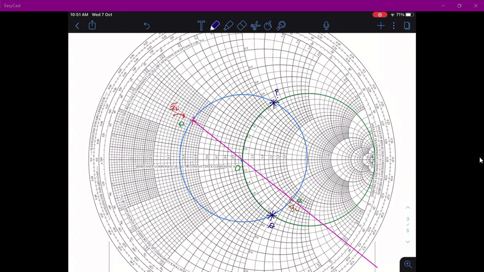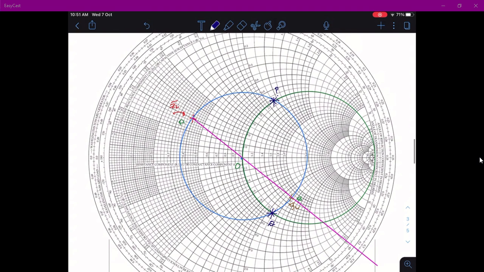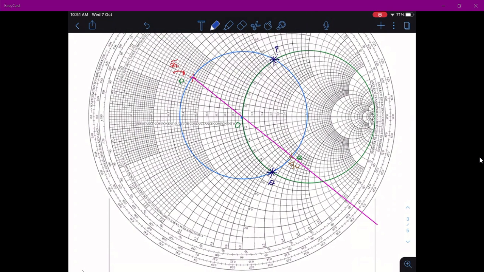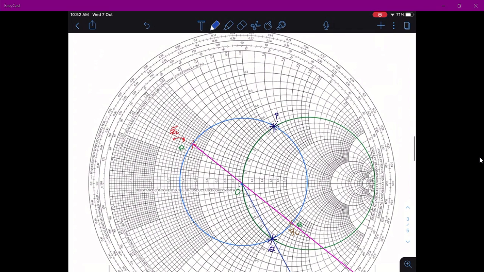Now you can draw a straight line from O to Q, and you can just extend it. Similarly, you can draw a straight line from O to P and extend it.